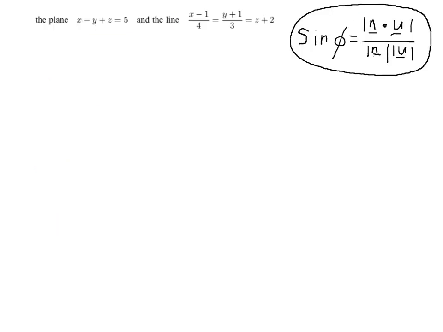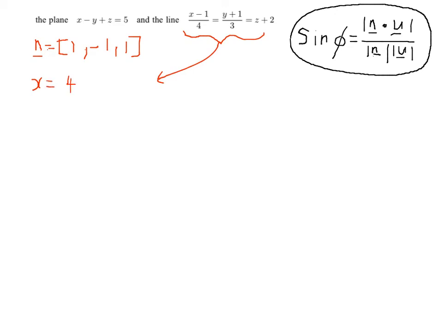So for this problem here, we see that the normal to the plane is 1, -1, and 1. The coefficients of x, y, z. So I have let n be 1, -1, and 1. And then here, it is not very clear to be seen. We just express the line in parametric form.